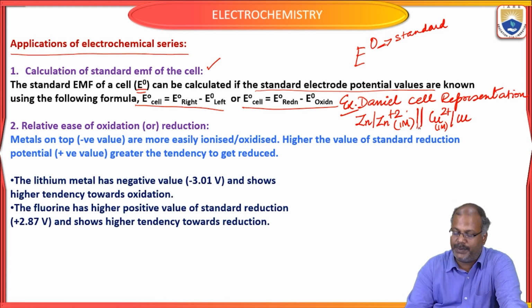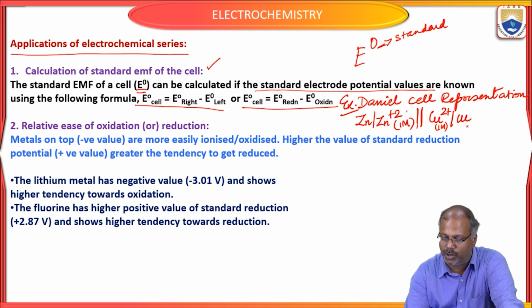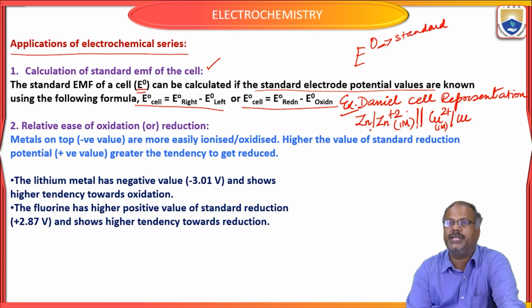That means the two electrolyte parts are interconnected by a salt bridge, which will balance the charges of the cell by exchanging anions and cations, K plus or Cl minus, based on the charges required. This is the anode, this is the cathode: zinc anode, copper cathode, zinc oxidation, anodic oxidation, copper reduction, cathodic reduction.